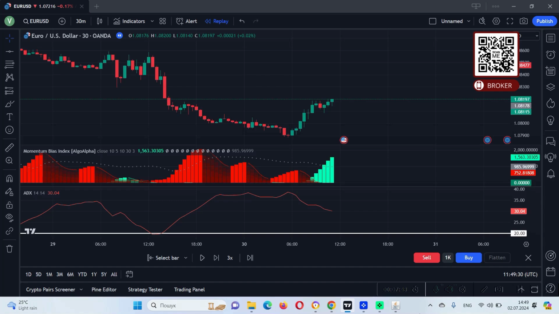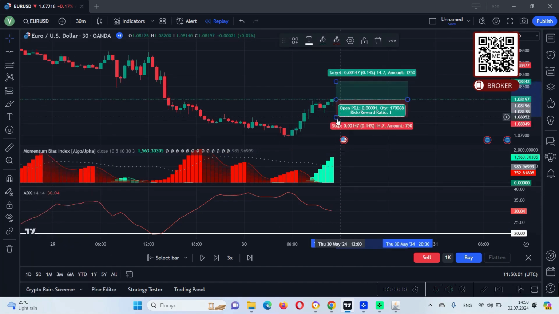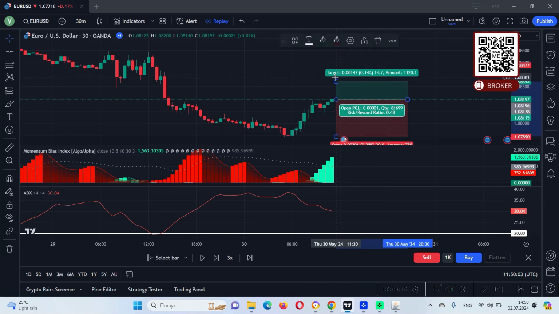To solidify our understanding, let's examine one more instance of a purchase and sale. The initial example will be a purchase. The red line is significantly higher than the white line. The green histograms that have been generated are positioned above the gray dotted line, hence I proceed to open a second purchase agreement. I have set a stop loss and take profit.